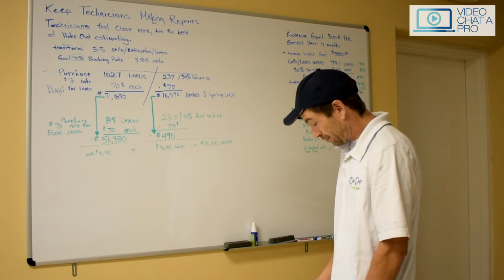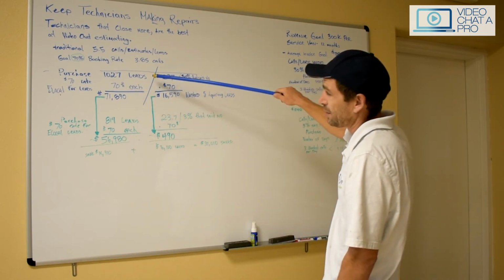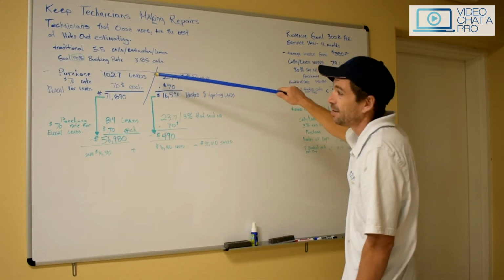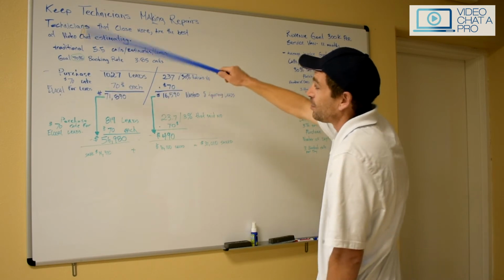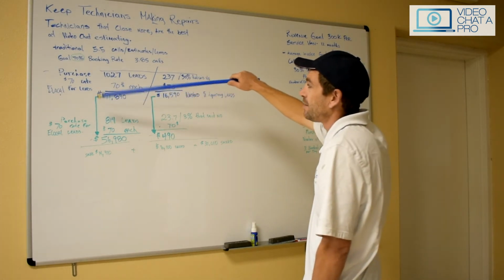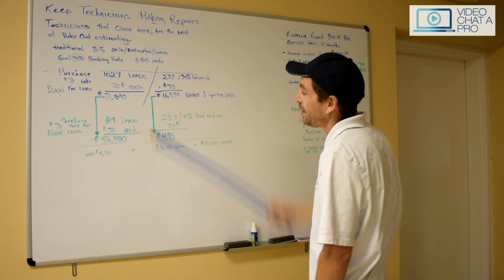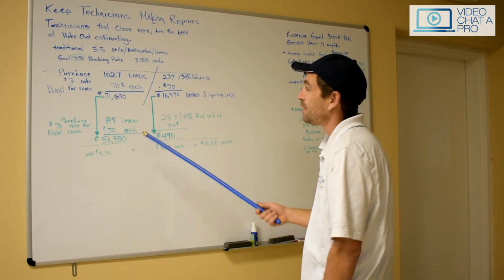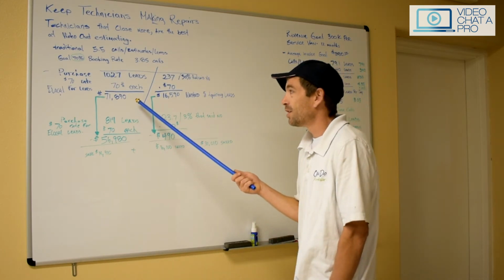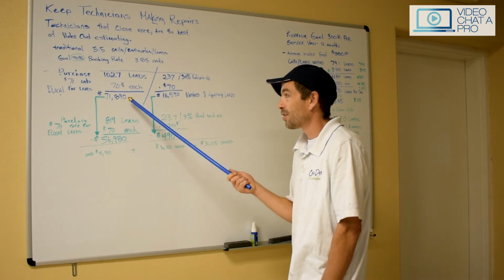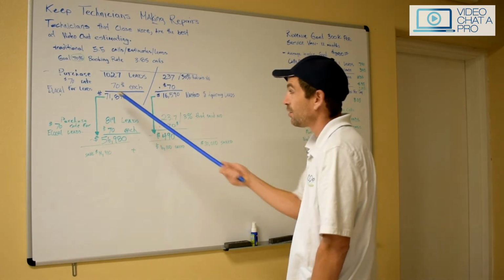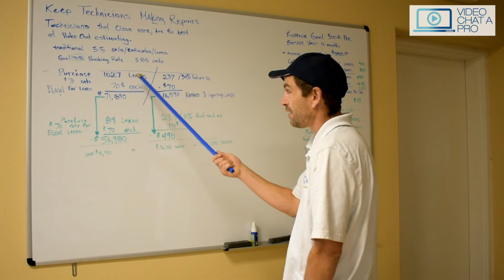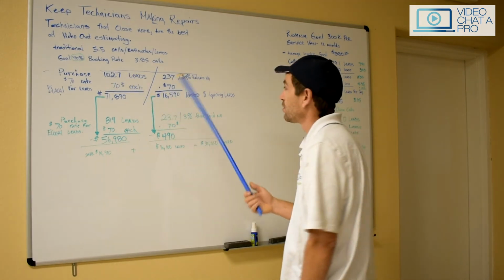The cost to purchase 1,027 leads, and we purchase them from eLocal and all kinds of different places at $70 a lead, is going to have to be a total of $71,890 spent to acquire those 1,027 leads or customers.